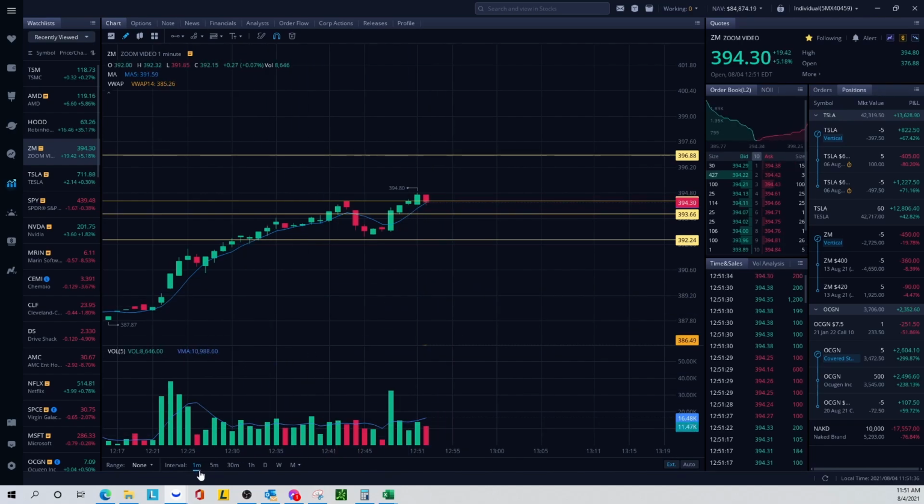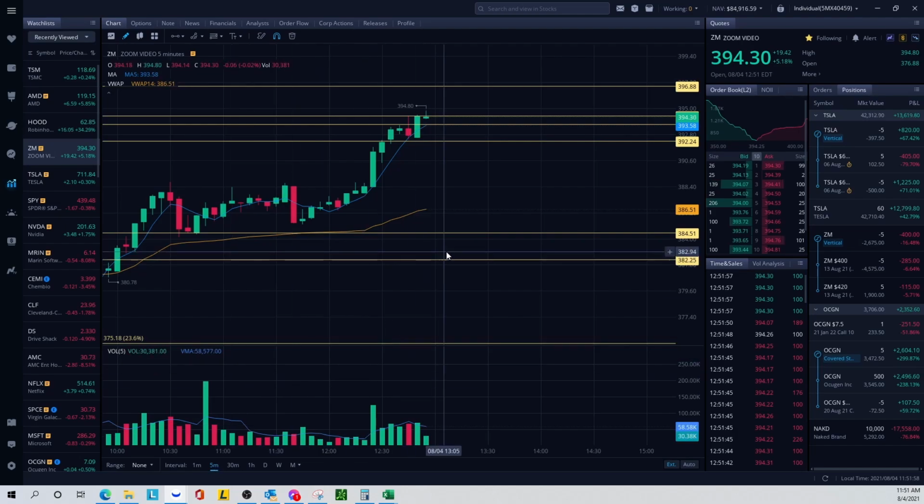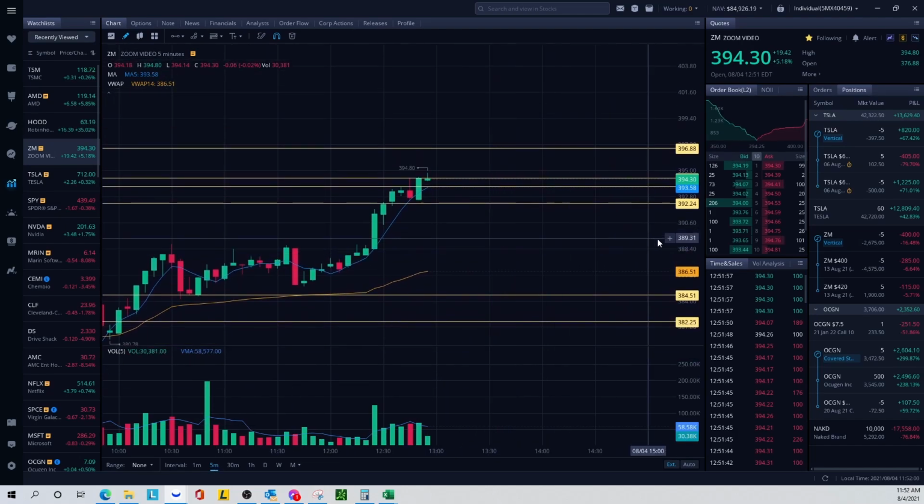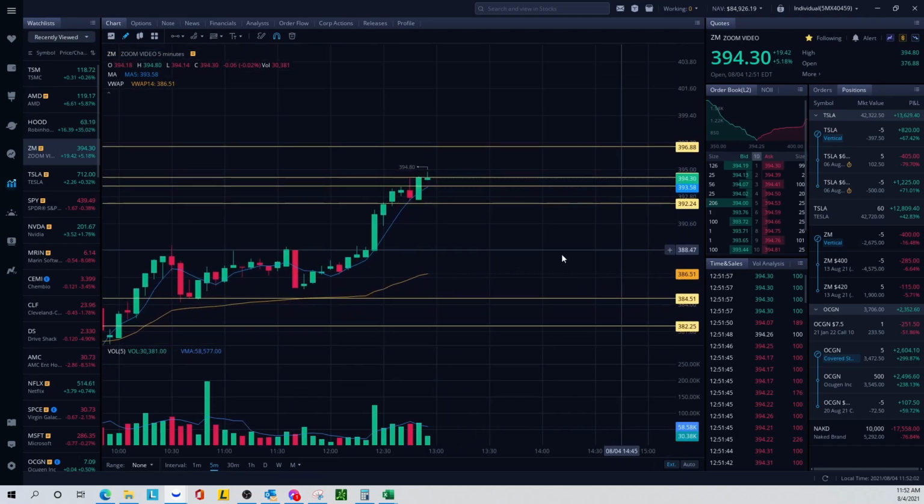So I trade either the 1 minute and the 5 minute, and I just sort of look for confirmation. If you're looking for more detail, then you can go down on the smaller time frames, like the 1 minute. Some brokers even have seconds, 10-second chart, 15-second chart. But Webull doesn't. So the lowest it'll go is the 1 minute chart.